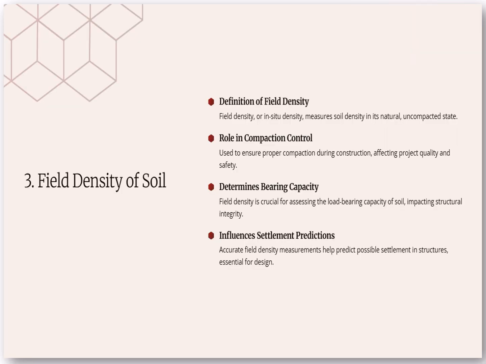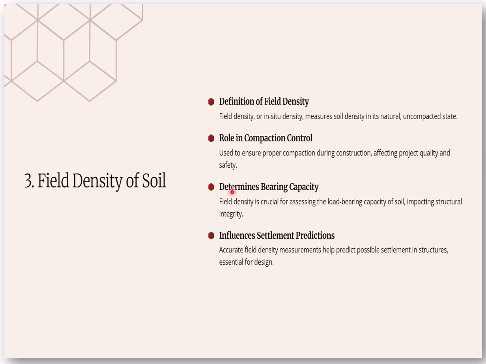And the next index property is the field density of soil. Field density, or in situ density, measures the soil density in its natural uncompacted state. Its role in compaction control: it is used to ensure proper compaction during construction, affecting project quality and safety.